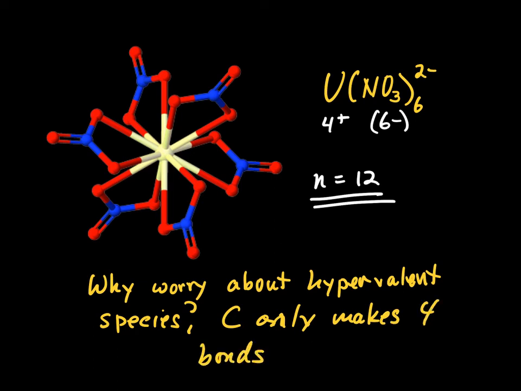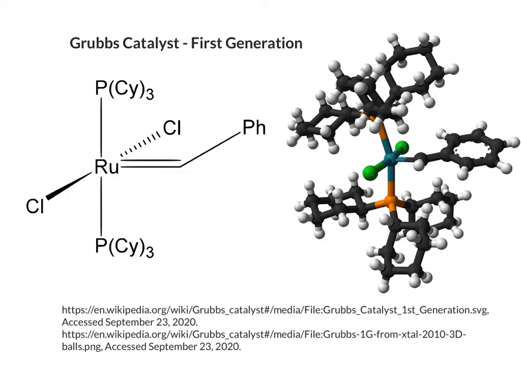Why do we have to worry about any more than that? Well, we do encounter some hypervalent species. One of the things that we will see later is in our reactions of alkenes. A reaction of alkenes is catalyzed by something called Grubbs catalyst.